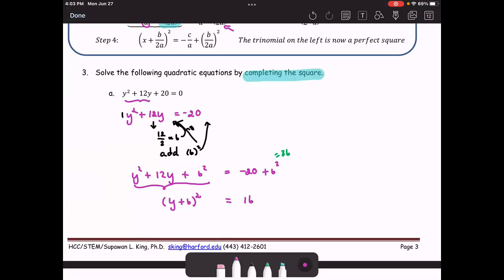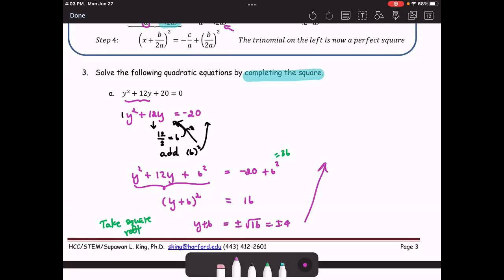Now we have the expression on the left as a square term and the quantity on the right-hand side. Next, we're going to take the square root to find the solution. That means y plus 6 equals plus or minus the square root of 16, or plus or minus 4.